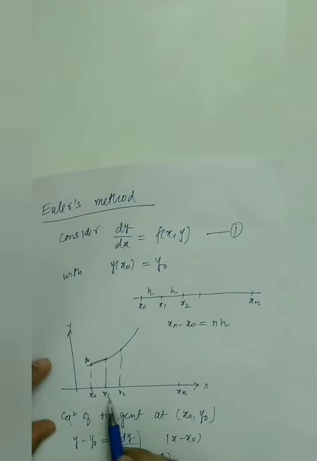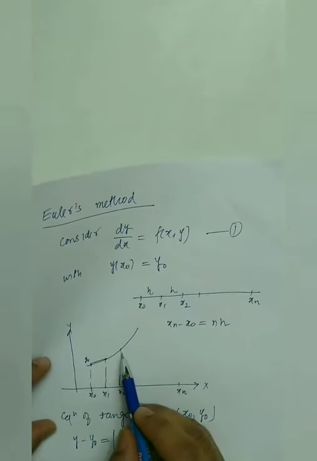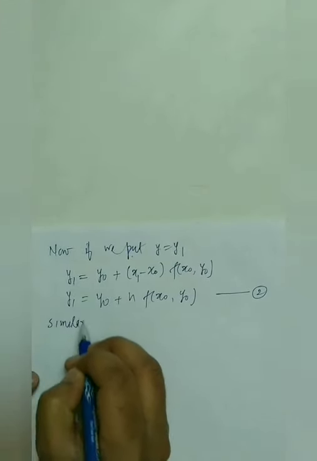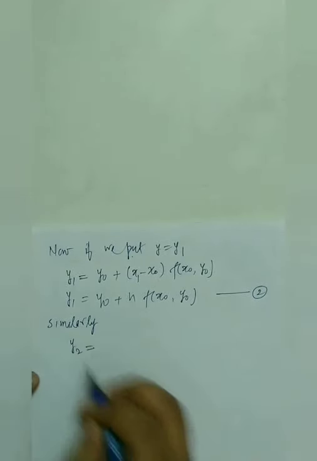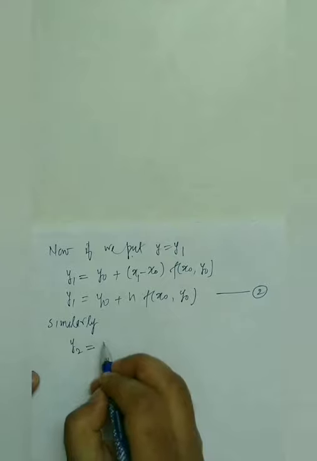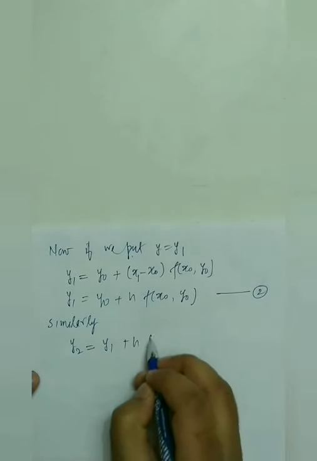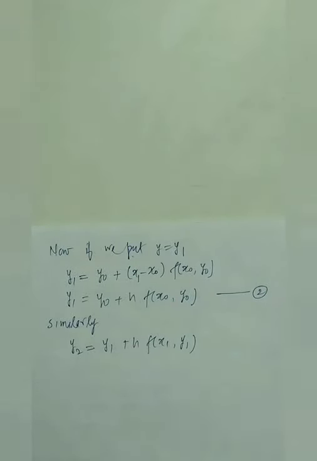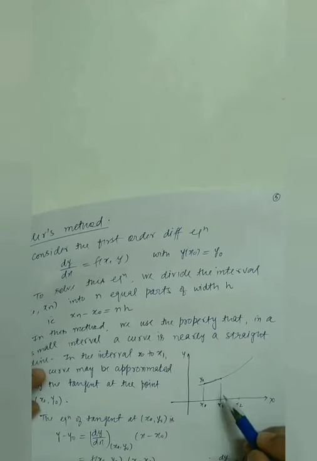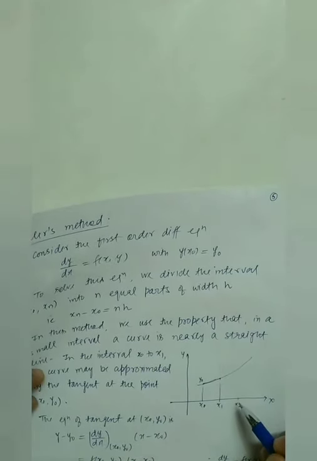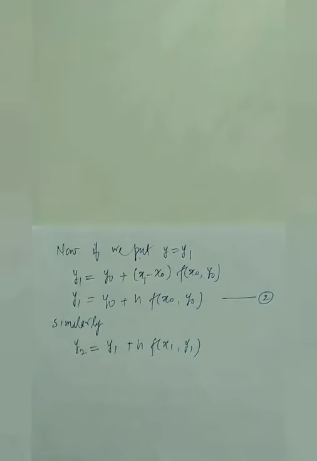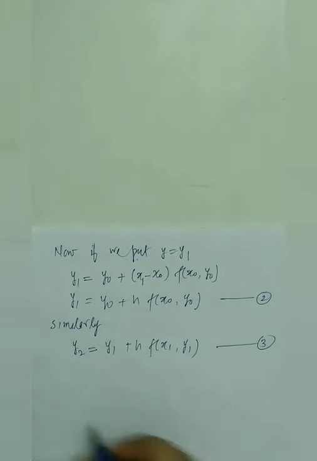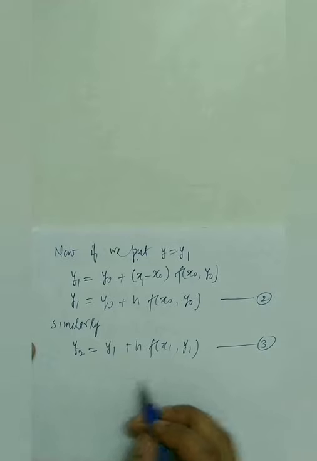Similarly, we can take the interval x1 to x2 and find the value of y2. So y2 is equal to y1 plus h f(x1, y1), because when we write the equation of the tangent at this point we have y2. This is equation 3. Likewise, we can find y3, y4, y5 and so on.